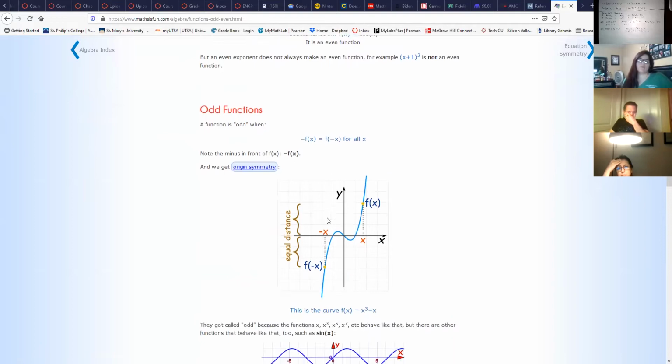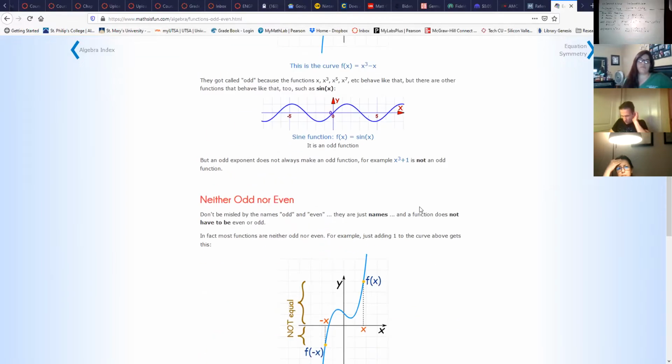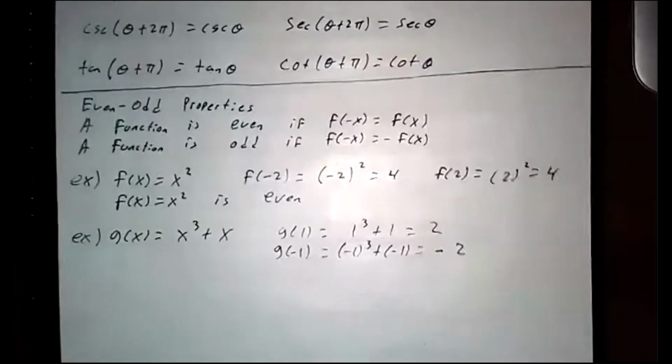Now, odd functions, another way to think about this is if I use a positive and -x, the same number, just positive and negative versions, you'll have equal distance from the x-axis. If you don't, then it's neither even nor odd. But I think just checking these definitions is the easiest way to see it.